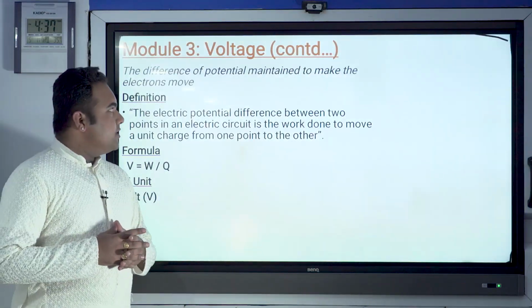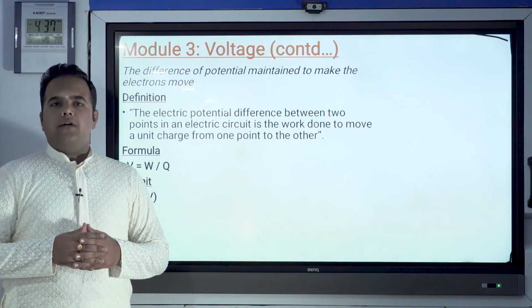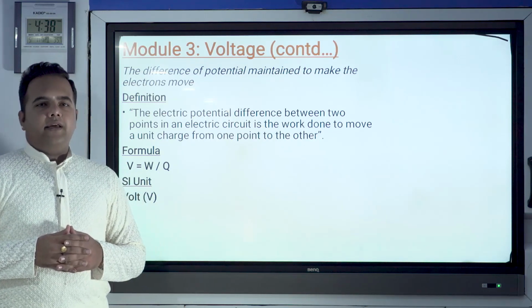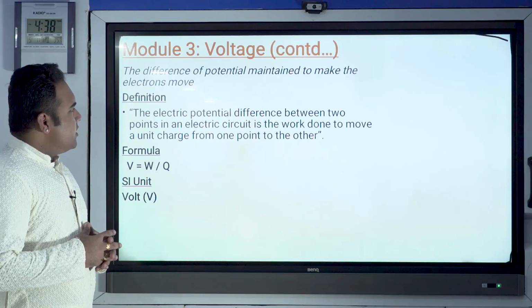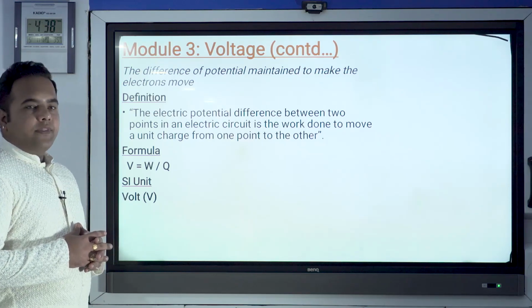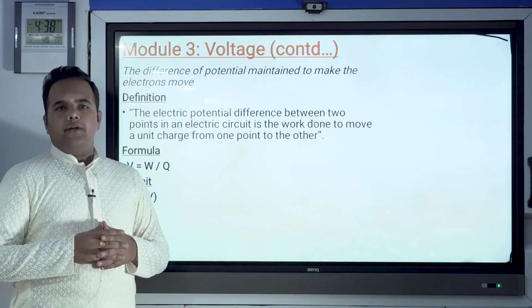The difference of potential we maintain to make the electrons move is called the voltage or the potential difference. To define it correctly, this is how we say: the electric potential difference between 2 points in an electric circuit is the work done to move a unit charge from one point to another point.